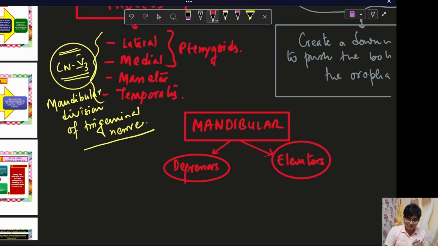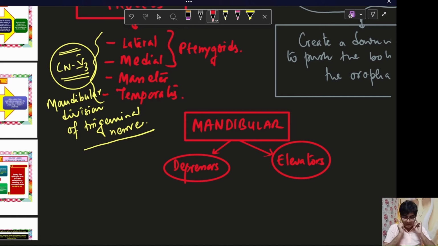Okay, so the mandibular elevators means the mandible is to be elevated. So obviously the muscle should be in the upper part. Correct. So the masseter, the temporalis muscle, as well as the medial pterygoid muscles are the mandibular elevators. Okay, whereas the mandibular depressors, this is being done during chewing process by firstly the lateral pterygoid muscle.